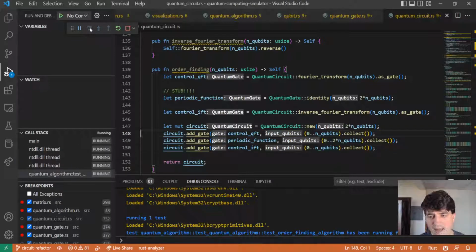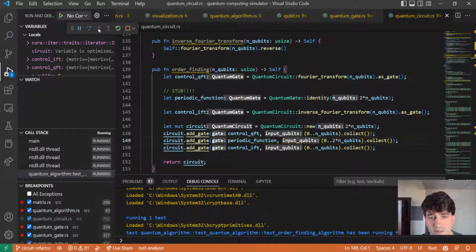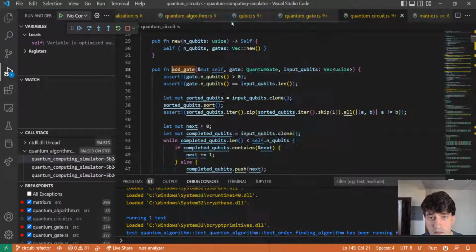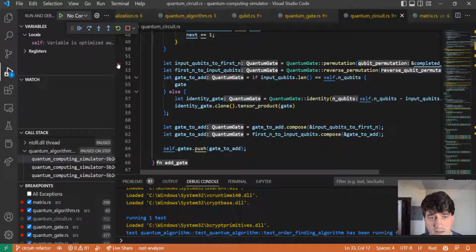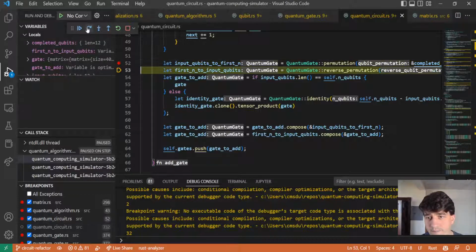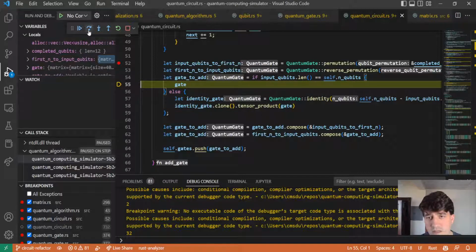Okay, and then adding gates is pretty slow. So let's find out what's slow about adding gates. I can't imagine that it's anything before this, so let's go here. Permutation is fast. Reverse permutation is fast.